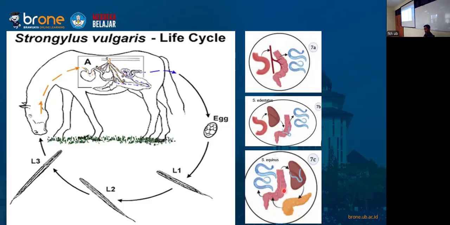This is a different site or route when they are within the definitive host body. Do you get it? Please take note because this is very important for your mid-semester examination, guys.